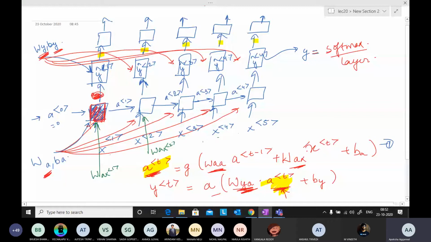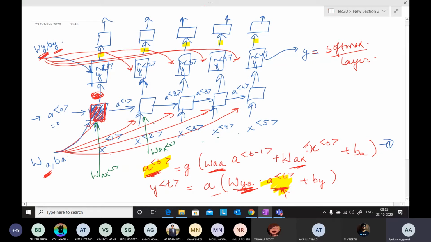Using the first equation we will calculate the activation for the first hidden layer, and then the calculation is passed to the next hidden layer. At the next hidden layer, two calculations are done. The first calculation is from the previous layer, and the second calculation is from the current input. Again using this same equation, it will calculate the activation for the next layer, and so on.